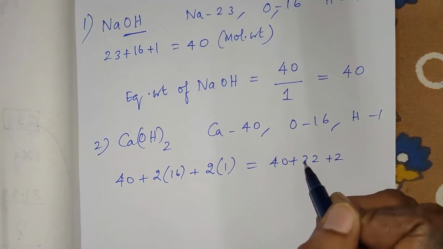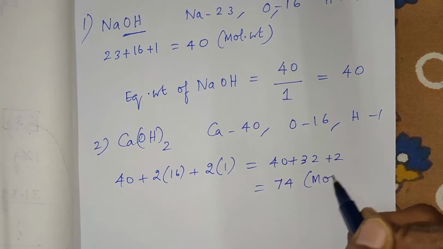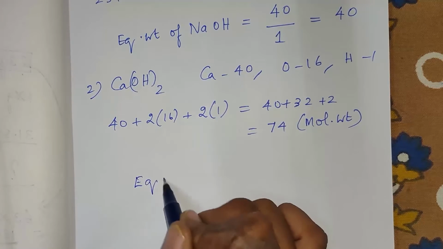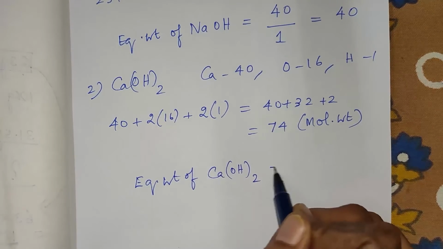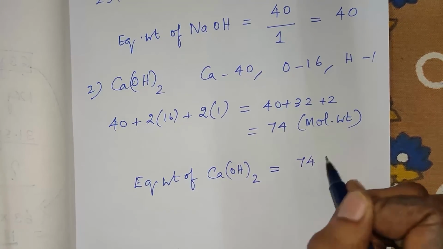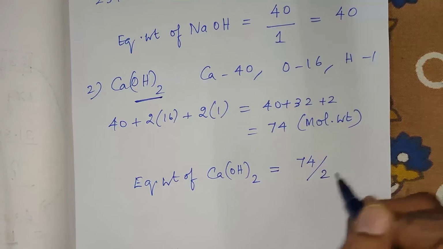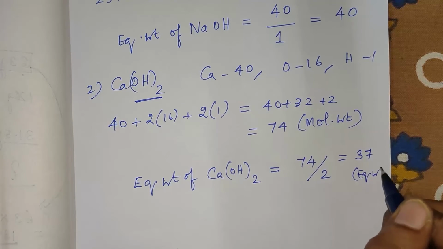What will be your answer now? 74 is the molecular weight of calcium hydroxide. Now the equivalent weight of calcium hydroxide is equal to 74 divided by the number of replaceable OH ions, which is 2 here. So 74 by 2, which is 37. So this is the equivalent weight.